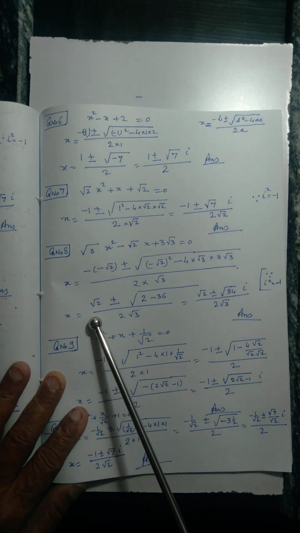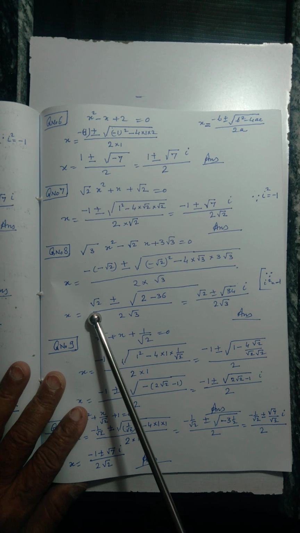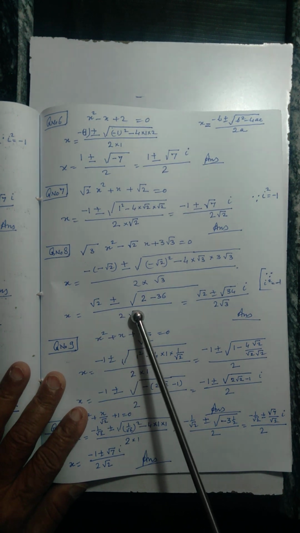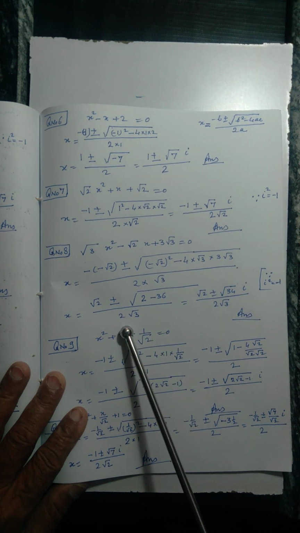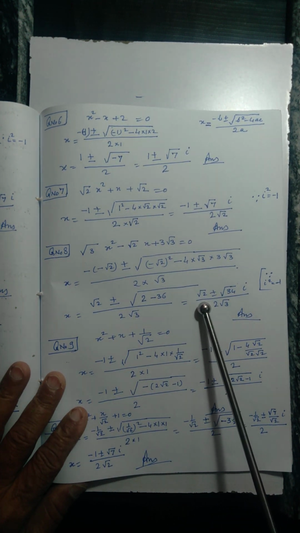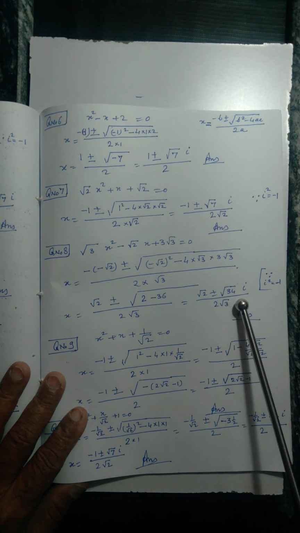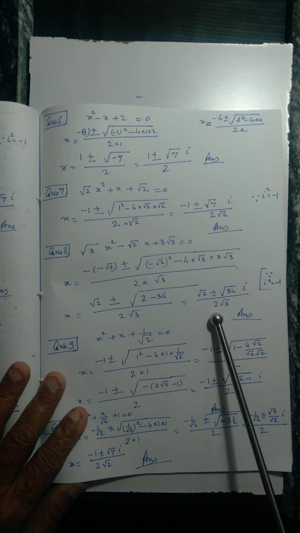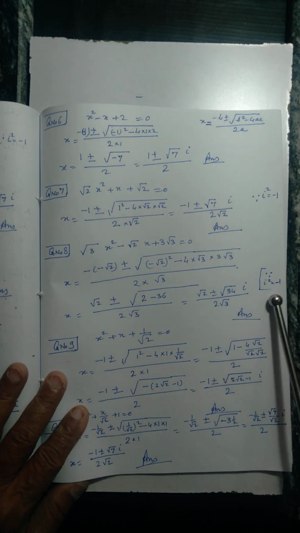Here x will be equal to root 2, you see the minus into minus is plus, so it will be root 2 plus minus root of 2 minus 36, whole divided by 2 into root 3. Further you solve it, you will get root 2 plus minus root 34 into iota, whole divided by 2 root 3, because iota square is equal to minus 1.